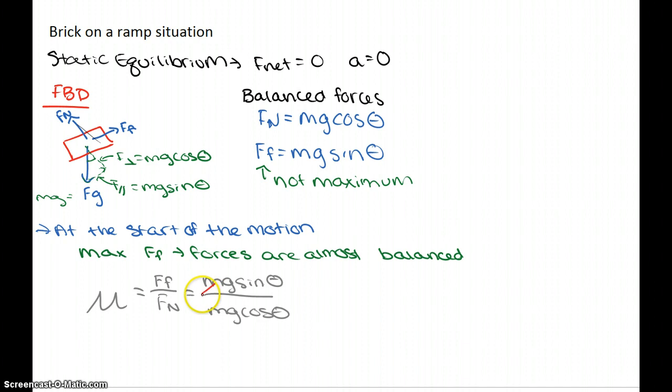Whoa, I've got mg over mg, that'll cancel, and I'm left with sine over cosine, which hopefully you remember from trig is tangent of my angle. So I have mu is equal to tangent of my angle. Won't use this a lot now, but it will come in handy later.